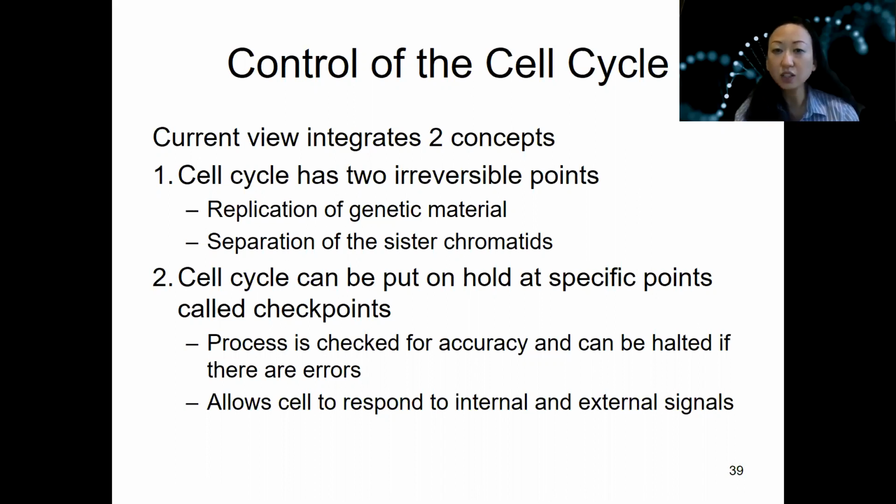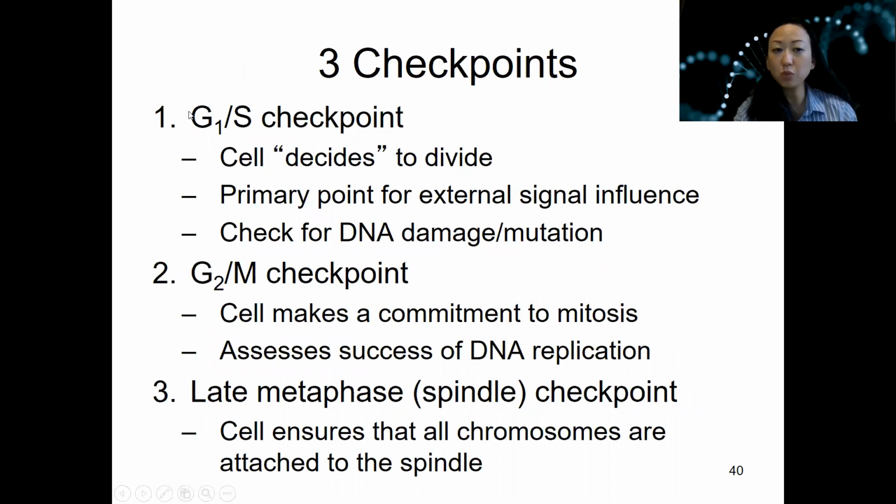And let's also talk about checkpoints right here. Checkpoints are specific points within the cell cycle where the cell checks for things, okay? For example, cells check during G1 into S phase. So these are the three checkpoints. When the cells are going G1 into S, it first checks whether or not its DNA is good. Is it damaged? Is it mutated?